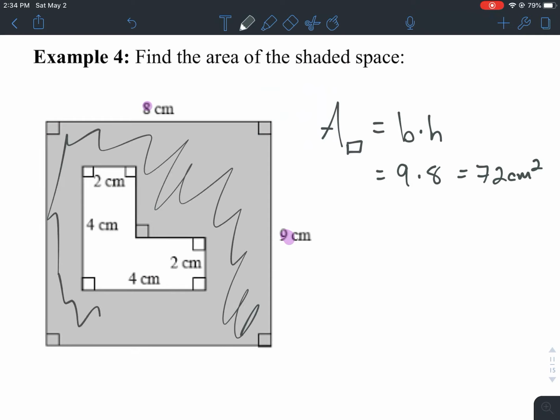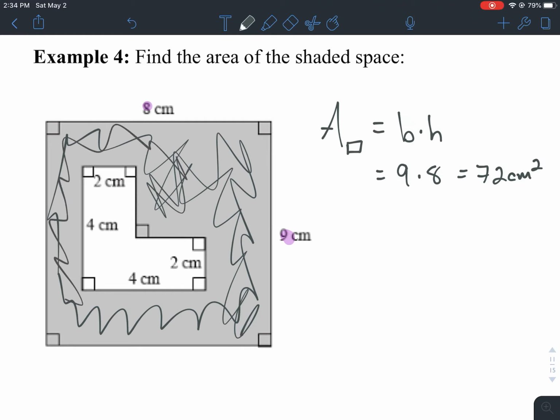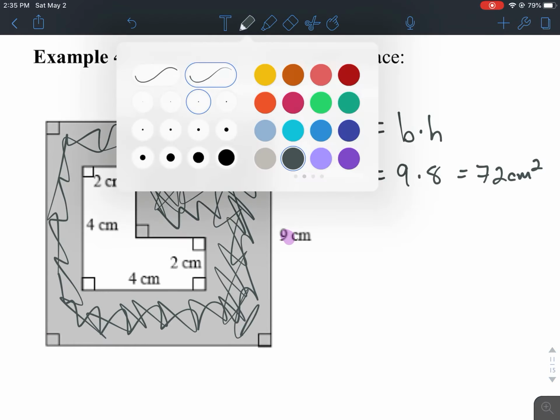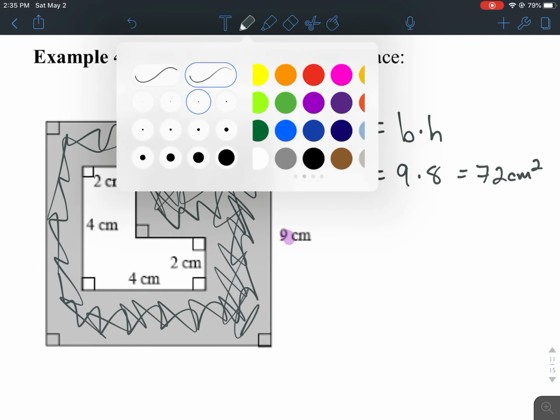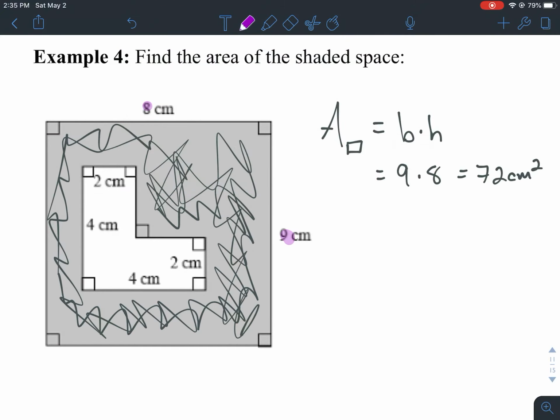So just this part, the shaded region that we have there. So we have to subtract that L-looking shape that we have here. Let's just call it L.